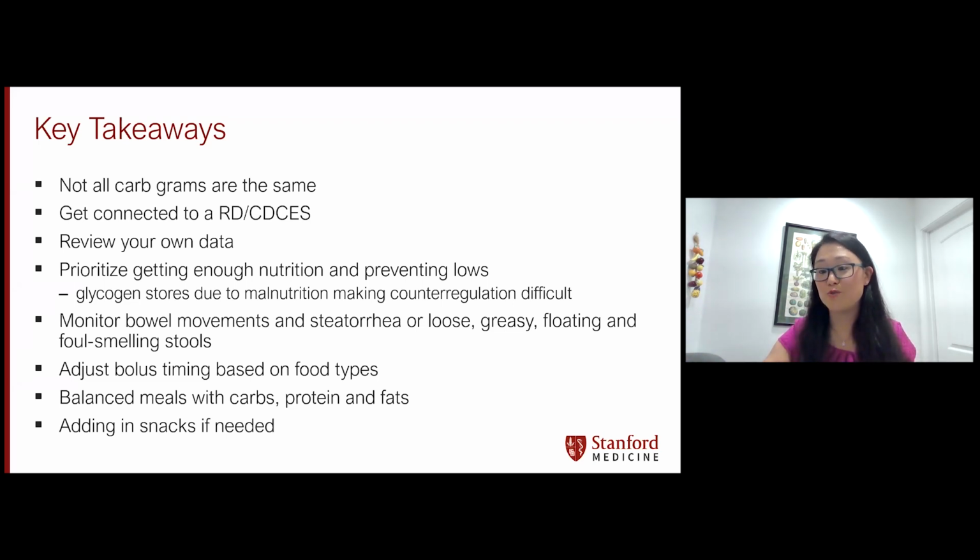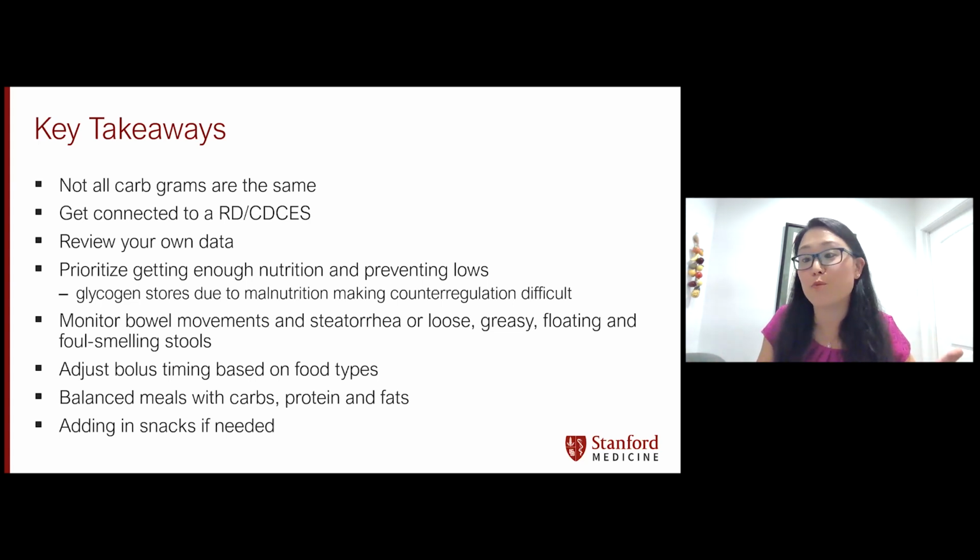What patterns are you seeing? Where do you look first? If you're looking at my data, what are you looking at? Which numbers are the most important to look at? Those are all great questions and things to have a great conversation with your provider about. Thinking about getting enough nutrition.